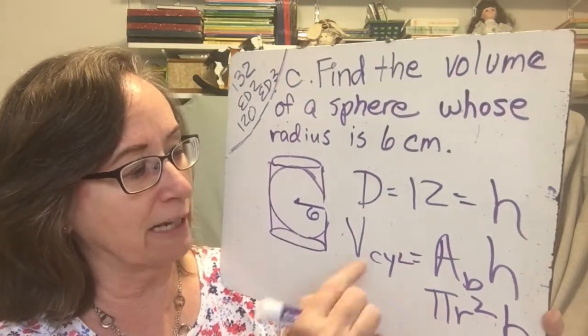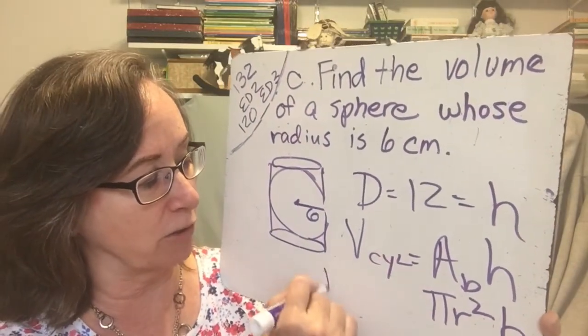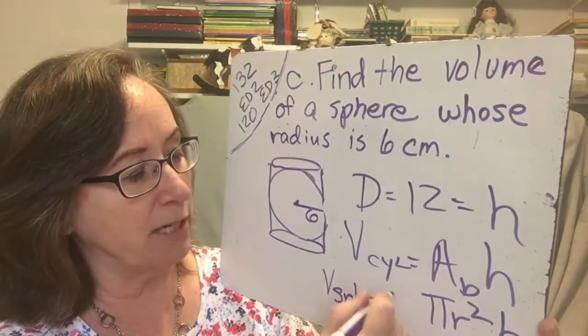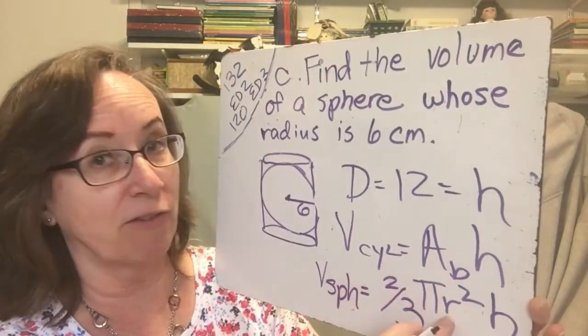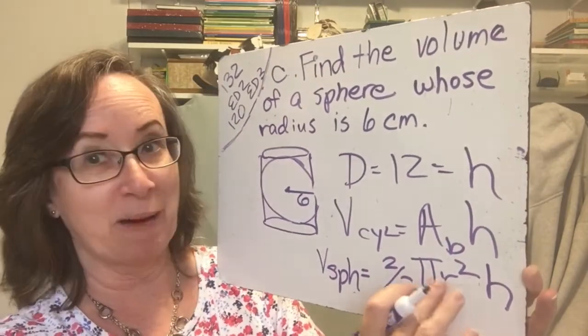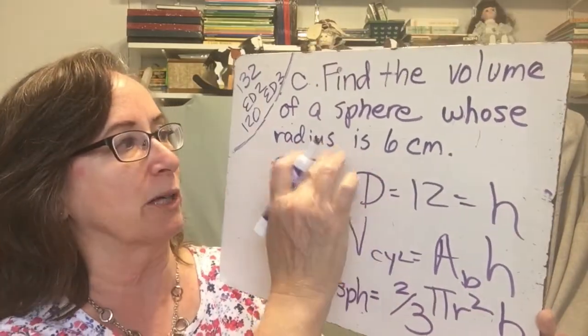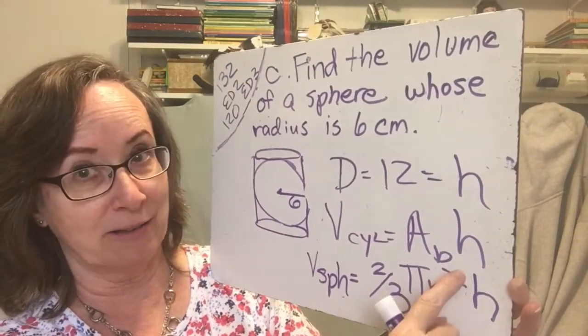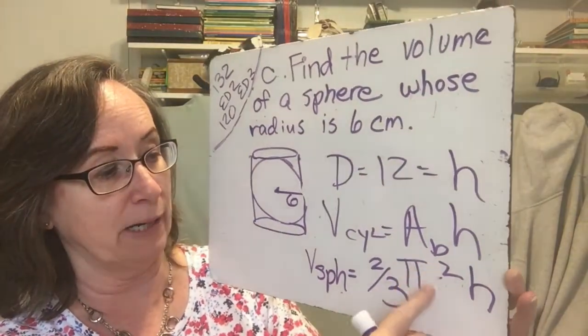So we're looking for the volume of the sphere, which will be 2/3 the volume of the cylinder, which is pi r squared h. So now we're going to take our r, which is 6, and put 6 squared right here.